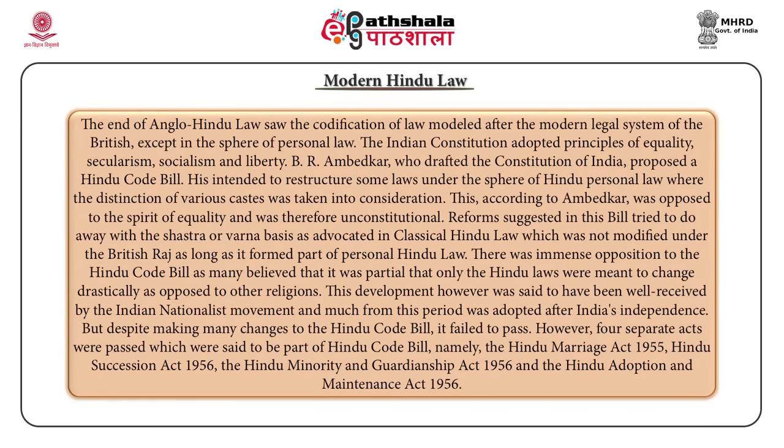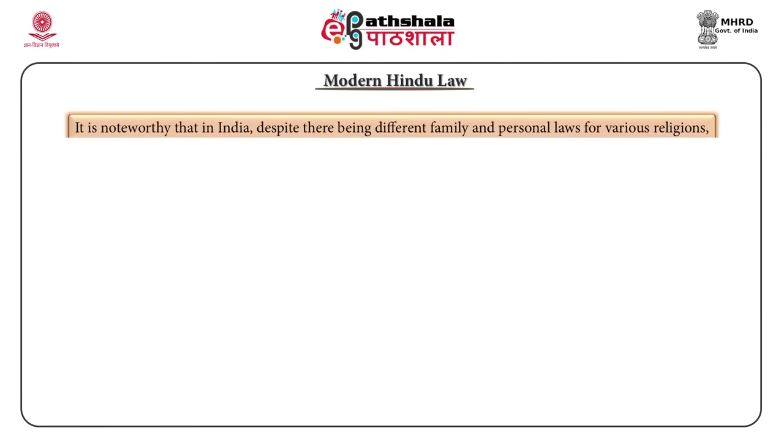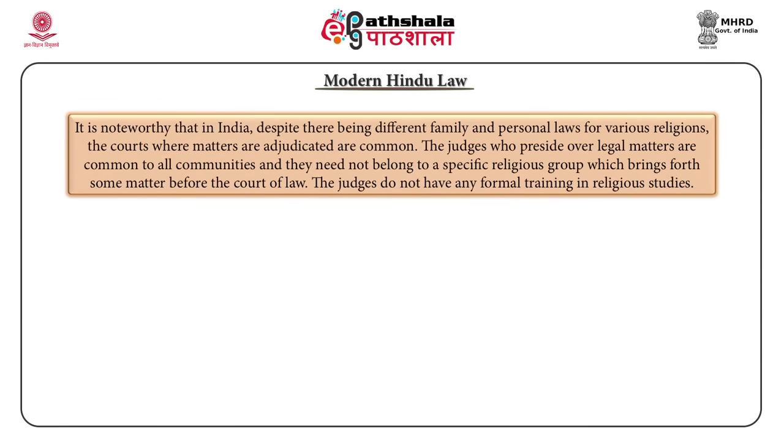Later, four separate acts were passed which were said to be part of the Hindu Code Bill, namely the Hindu Marriage Act, 1955, Hindu Succession Act, 1956, the Hindu Minority and Guardianship Act, 1956, and the Hindu Adoption and Maintenance Act, 1956.